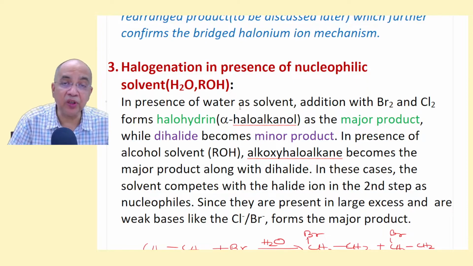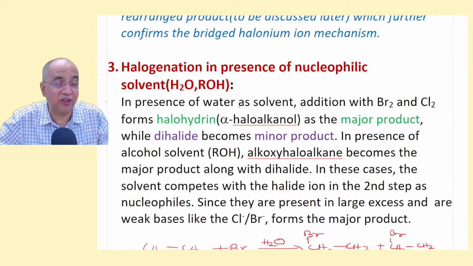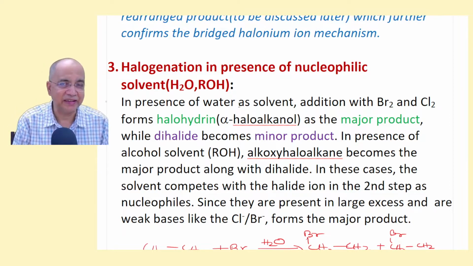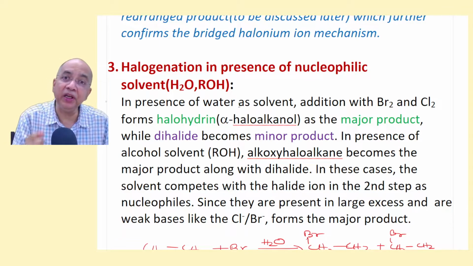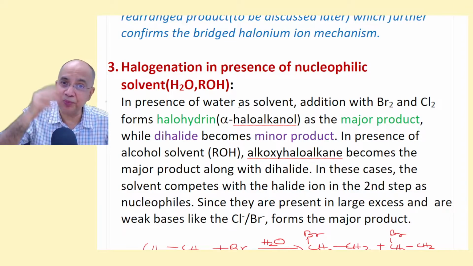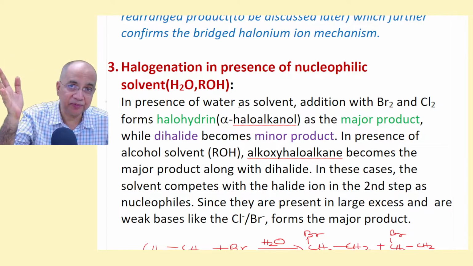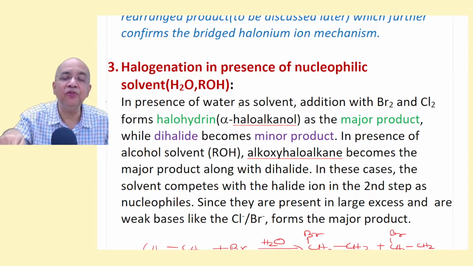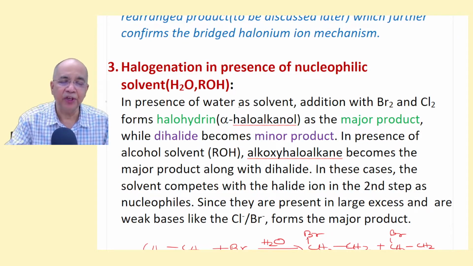No doubt they are weak bases like halide ions, but they are nucleophiles and they are present in large excess because it is a solvent. Therefore, there will be a competition between the halide ion, bromide or chloride ion expelled in the first step, and the nucleophilic solvent, water or alcohol, in the second step to form a different product.